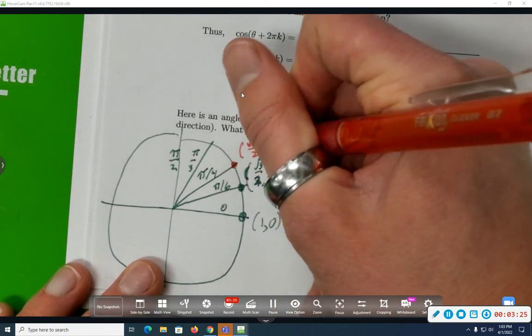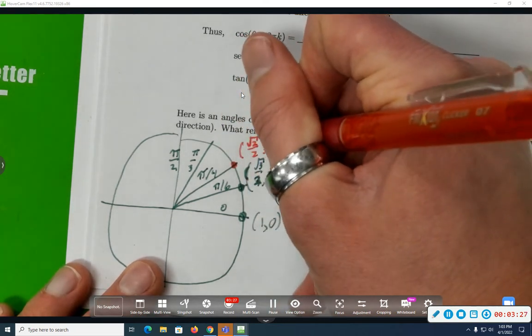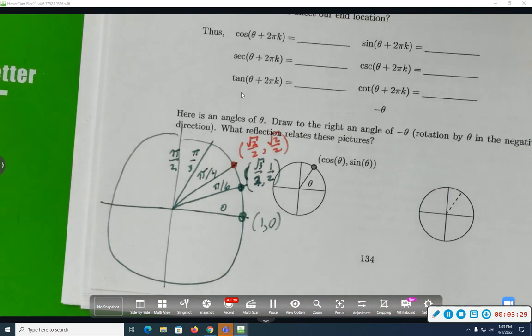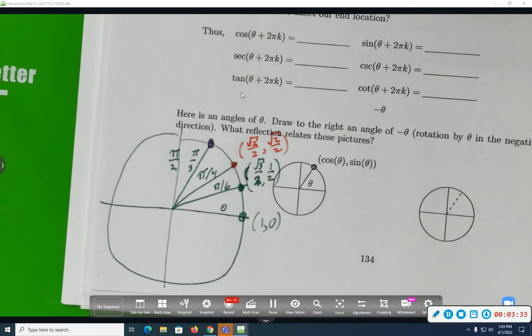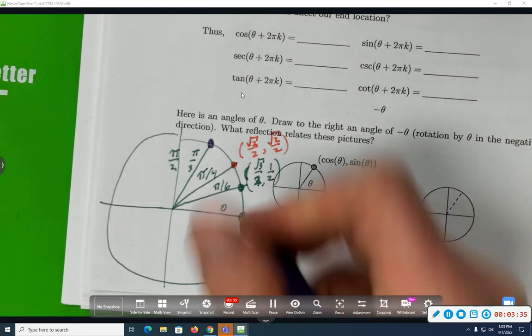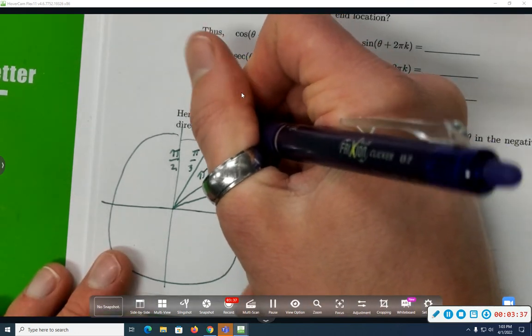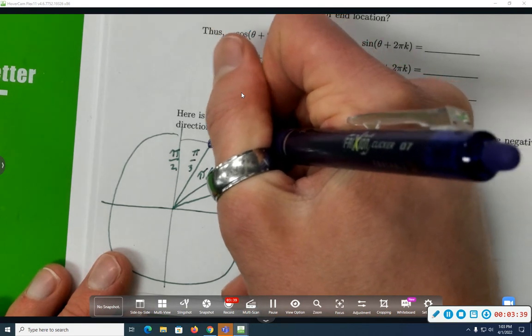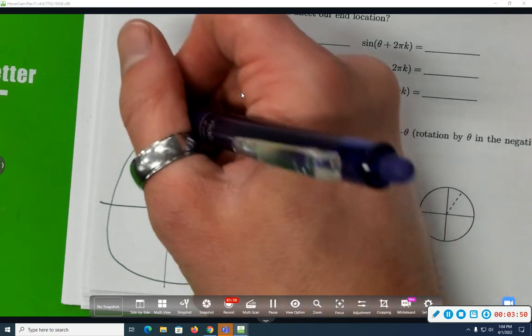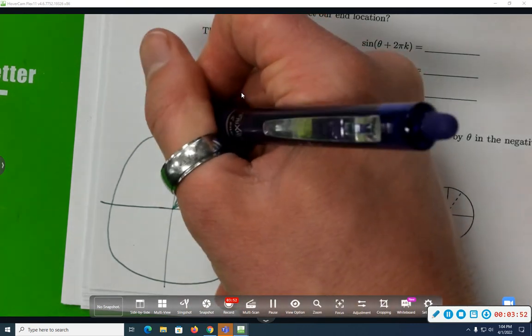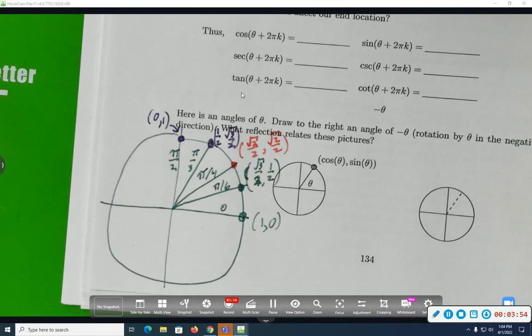Root 2 over 2. Sine? Root 2 over 2. Nice yawn. Pi over 3? 1/2. And what's the y coordinate? Root 3 over 2. And at an angle of pi over 2, what is the x and y value? 0, 1. You don't really even have to think hard about what trigonometry means to know that.